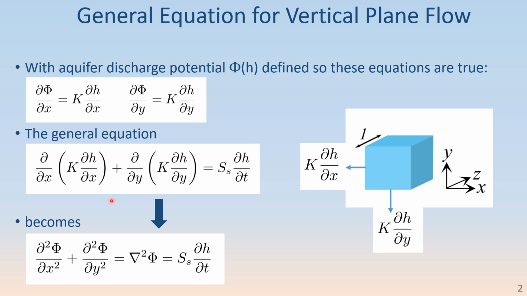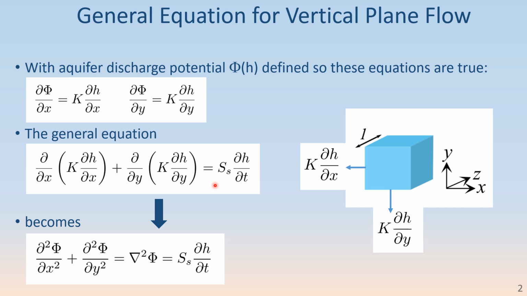So our general equation is written very similarly, except for a couple of things. We're using K and not T, and on the right-hand side, we no longer have those leakage terms for leakage out the top and bottom of our domain, which in the normal mode would be upwards and downwards to layers above and below.